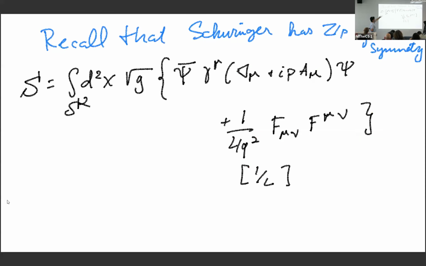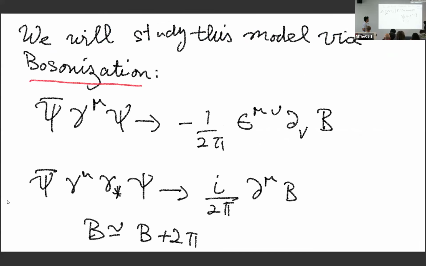So let's go back to my good old Schwinger model. Good old Schwinger model, remember, because this quantity P over here was an integer, this model I explained to you had a ZP symmetry. And let's solve it another way than working in the original picture. There's a way to solve this model via bosonization.